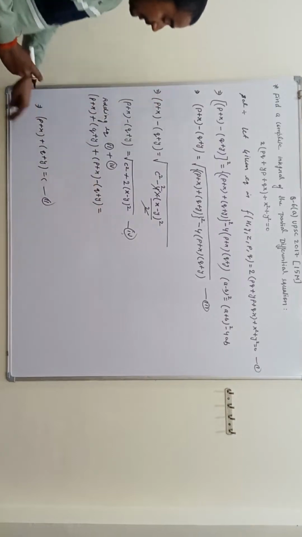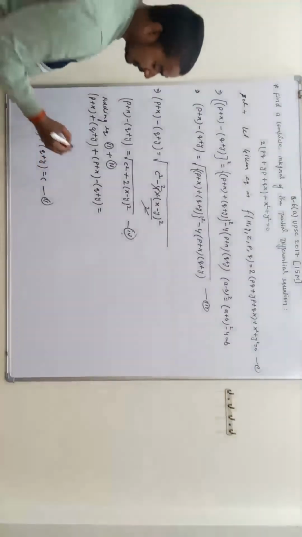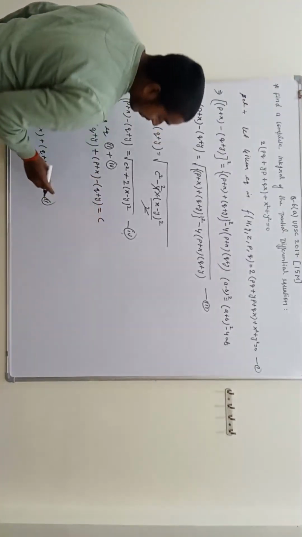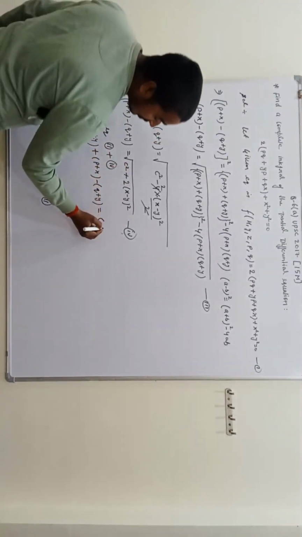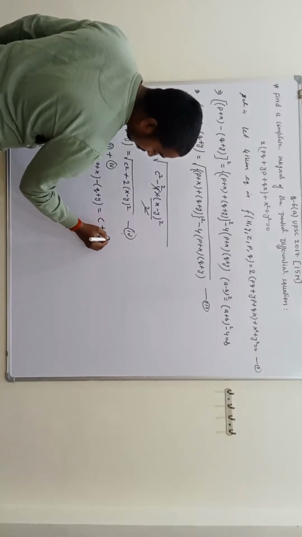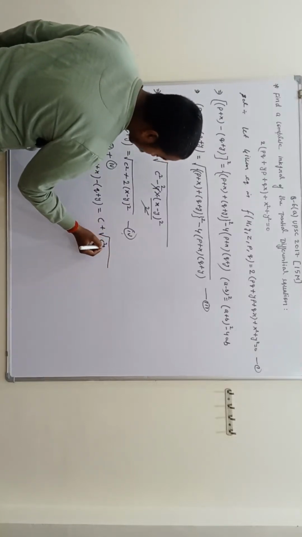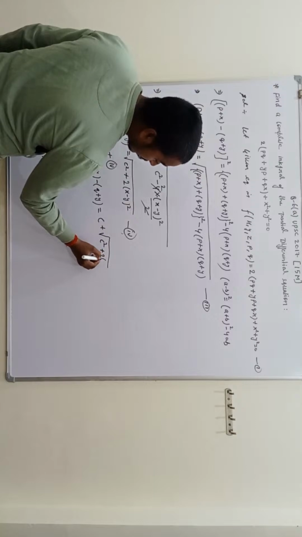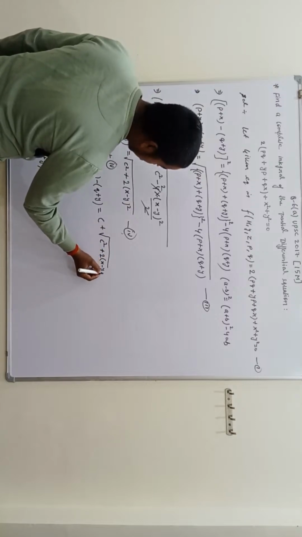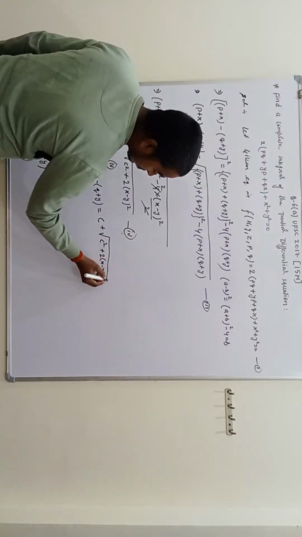The right hand side of equation 2 is c, and the right hand side of equation 4 is under root of c square plus 2(x minus y) whole square.